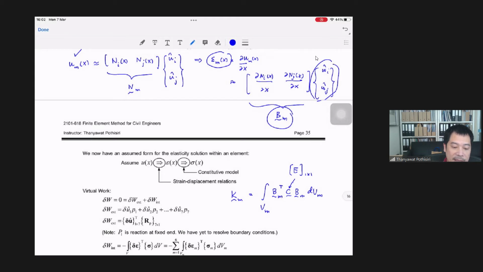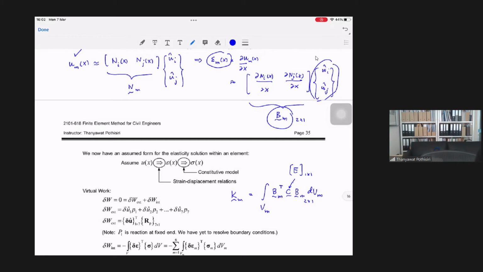And the B matrix here is a 2-by-1 matrix. I'm sorry, this is not 2-by-1.